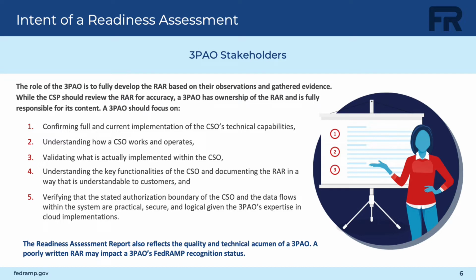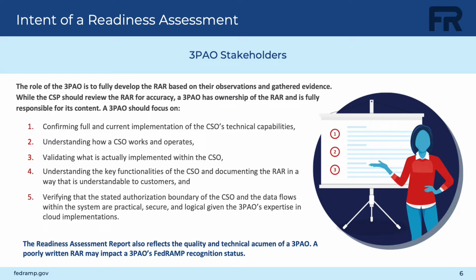First, confirming full implementation of the CSO's technical capabilities. Second, understanding how a CSO works and operates, not on how that functionality is translated to documentation. Third, validating what is actually implemented within the CSO, not copying and pasting what a CSP has written in the system documentation.